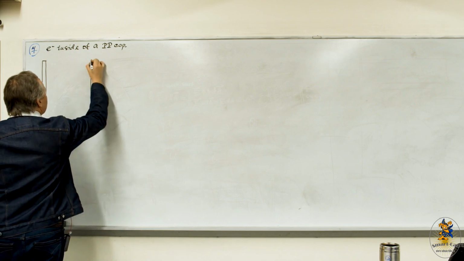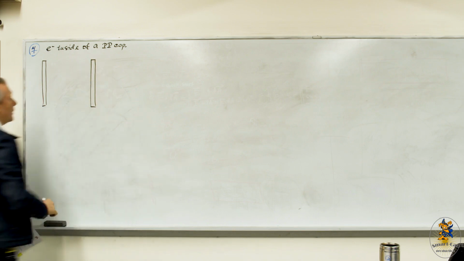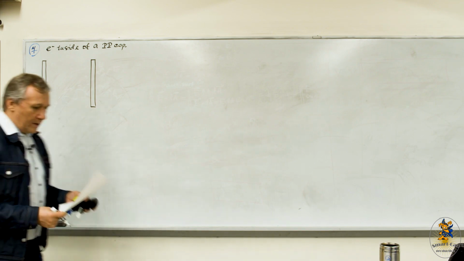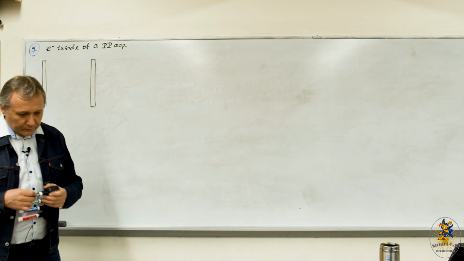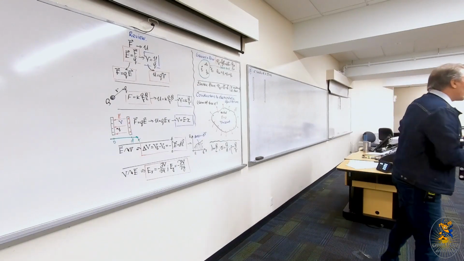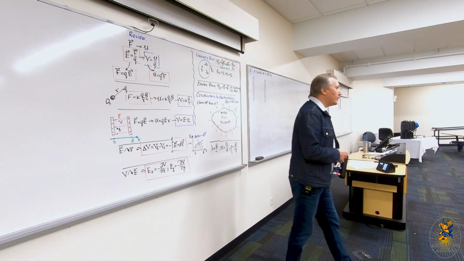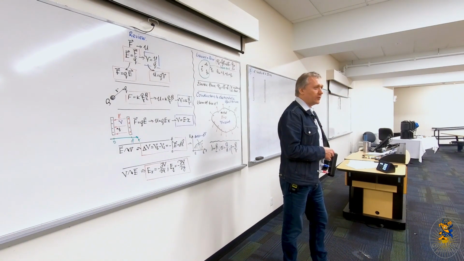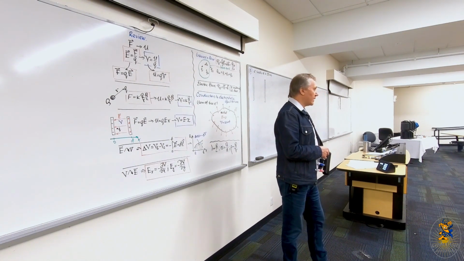So, capacitor. All right, and you know what? We're going to shoot the electron, because without that, the electron would not be able to move. So where is the electron? Near which plate? Near the positively charged plate. All right. In that case, by itself, it will never fly.